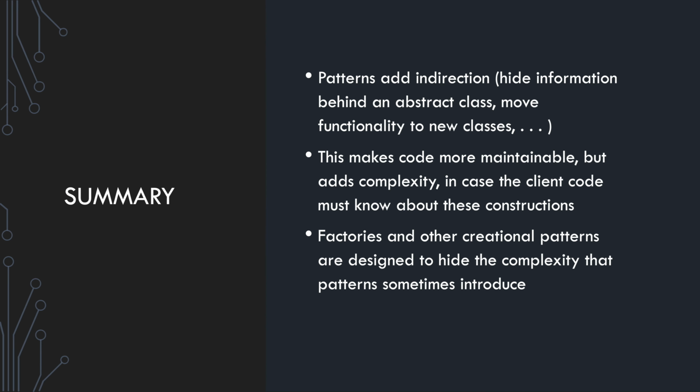Patterns, such as strategy, hide information behind an abstract class. This makes the code easier to maintain, but also adds complexity, because the client code needs to know how these structures work. Factories and other creational patterns help hide this complexity, since you don't have to create the actual objects yourself anymore.